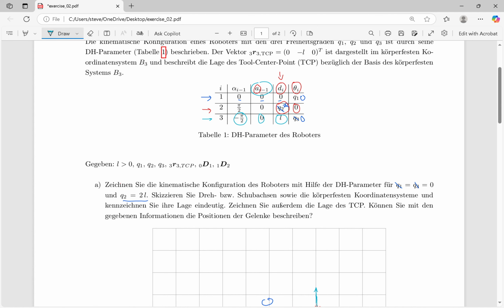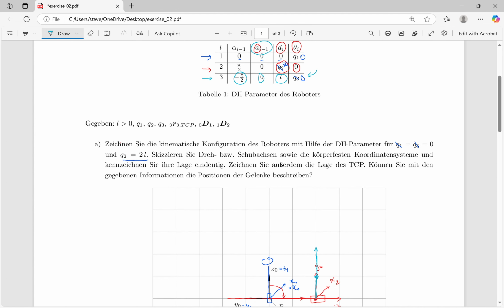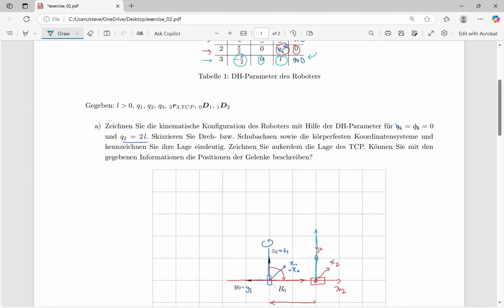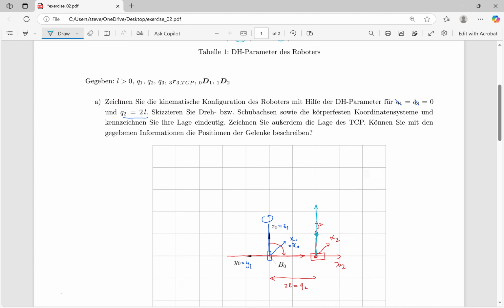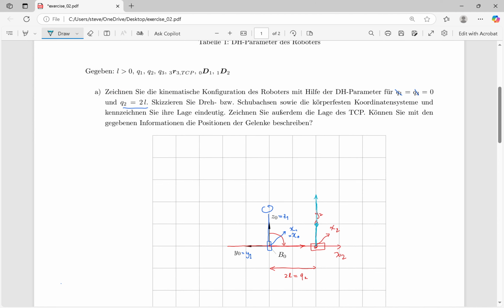And here, the angle theta i, which is also 0, tells us that the axis x2 and x3 is perfectly aligned. So we know that perfect alignment means that x3 is here. And now it becomes easy, because now we know that y3 is this way, according to the right hand rule.